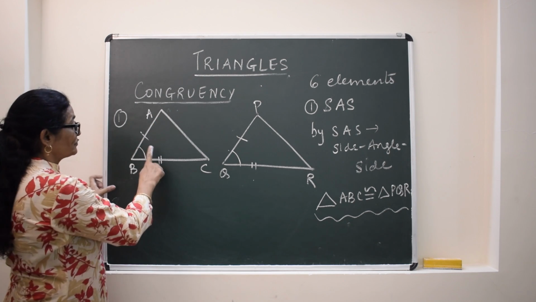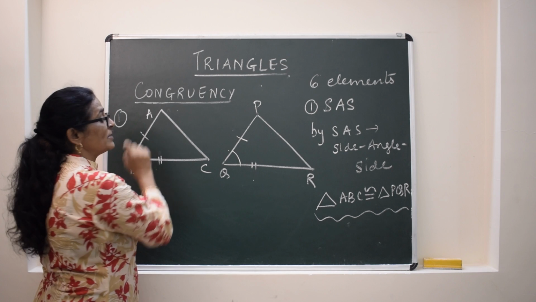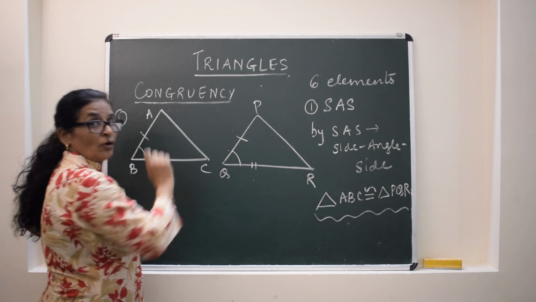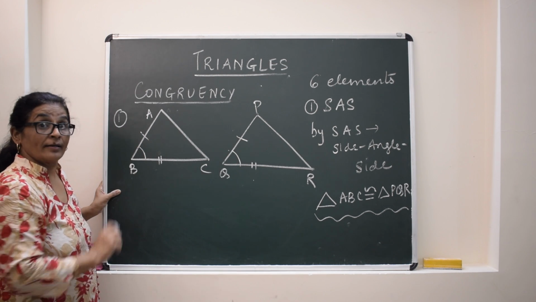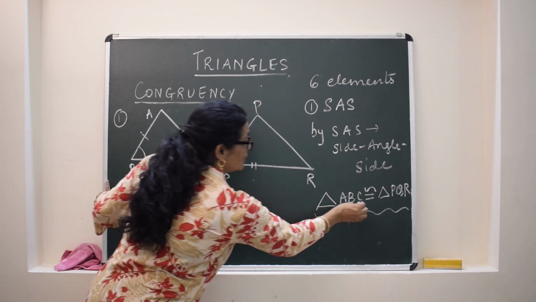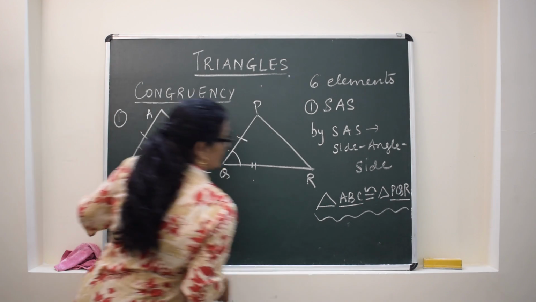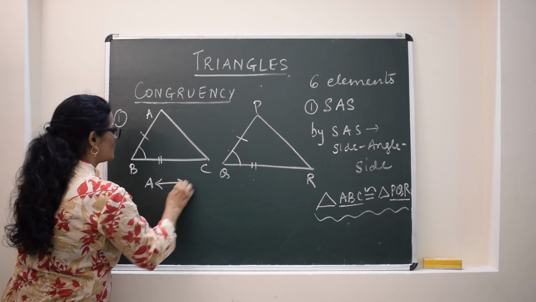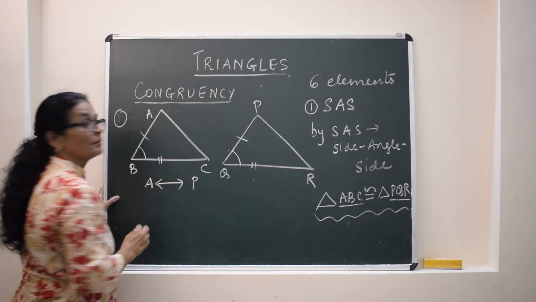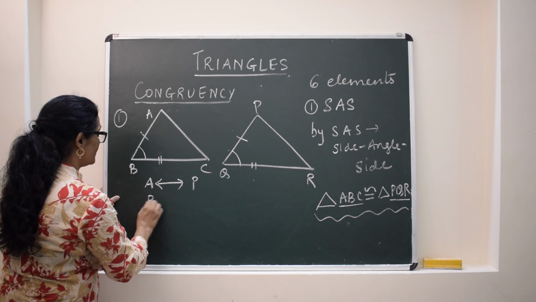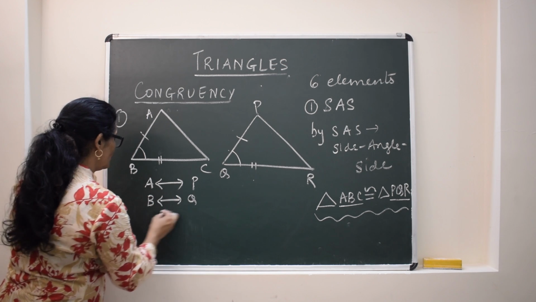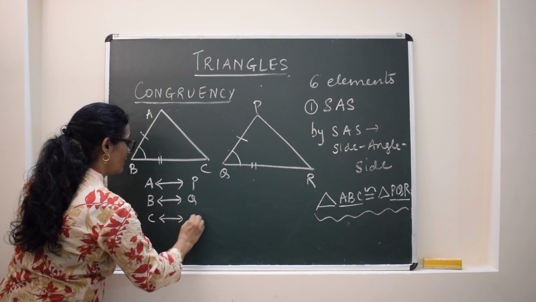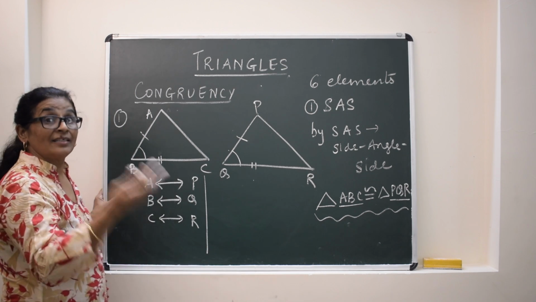It means when this triangle ABC is equal and congruent to triangle PQR, it means we have to be very careful with the order. It means this vertex A corresponds to vertex P. Similarly, B with Q, C with R, and so the other elements also.